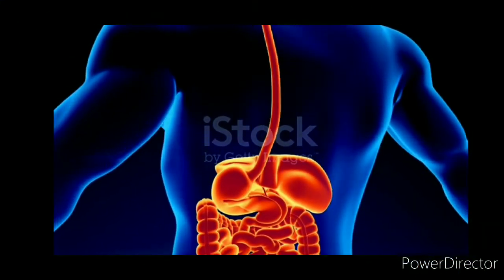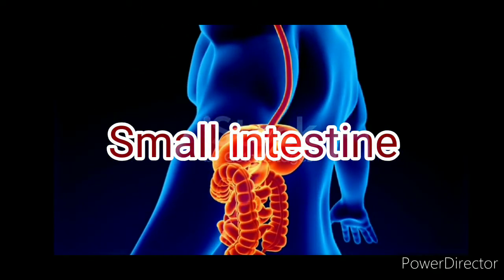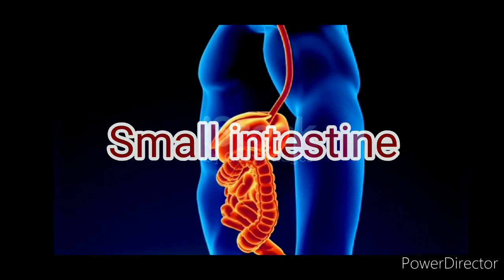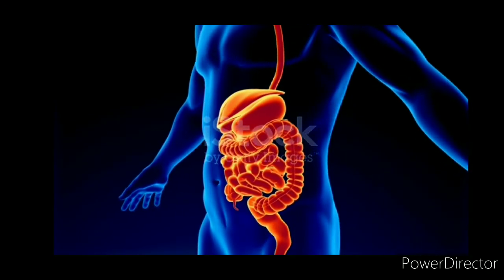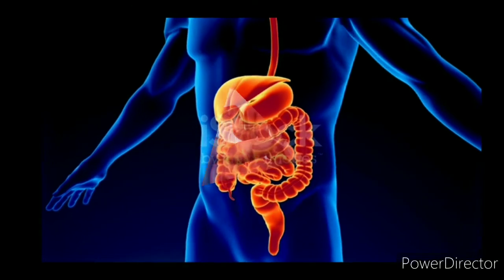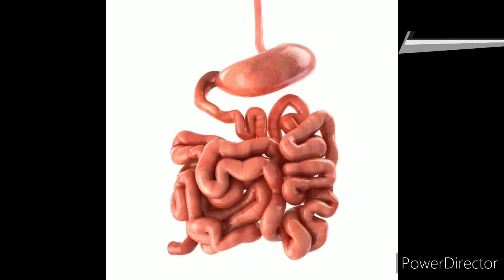Now understand the next part, that is the small intestine. The small intestine is named for its smaller diameter. The intestine is 6 meters in length. Here we have already understood how the small intestine helps in the proper digestion of food material, and not only in digestion, but in absorption mostly.